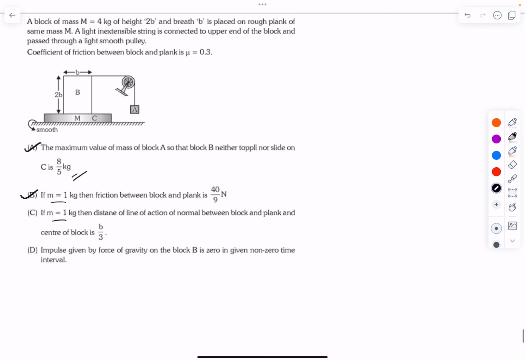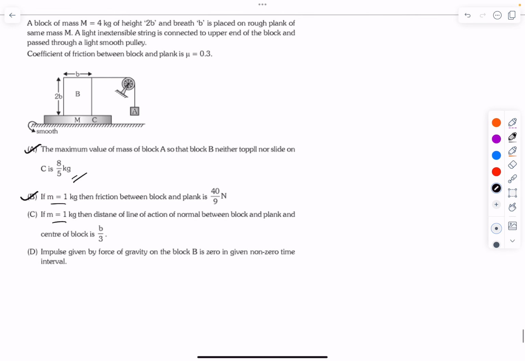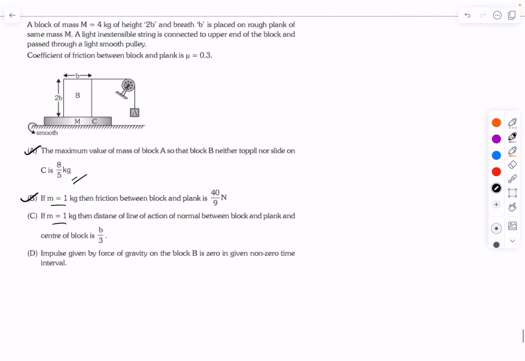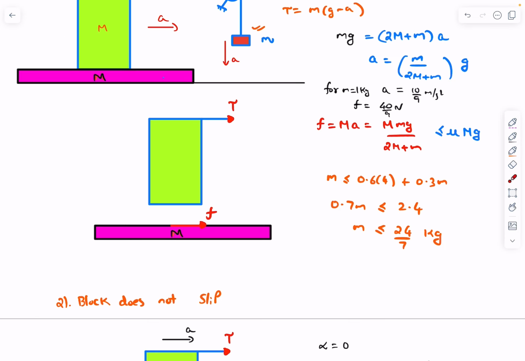Now for the third option, they're asking, in this case, what is the line of action of normal? What is the distance between the line of action of normal and the center of block? We discussed earlier that when toppling is about to start, the normal shifts to the edge, right? So for this particular value of m equals 1 kg, the normal would have shifted to some point over here, right? So they're asking what is this distance x from the center of mass of the block.